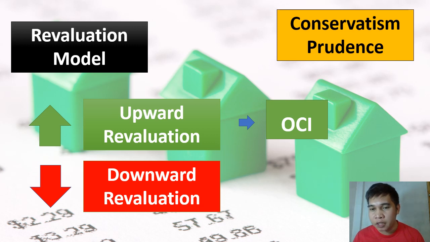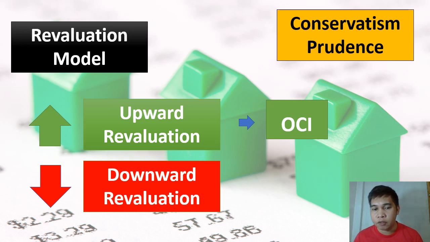Kasi si other comprehensive income, ultimately, magiging part yan ng shareholders equity pero hindi yan i-close diretso sa retained earnings. Kasi nga, upward revaluation, wala pa namang realization ng ating income, therefore, hindi siya pwedeng idiretso sa ating profit and loss. So, ipapadaanin sa other comprehensive income, then na part ng shareholders equity.